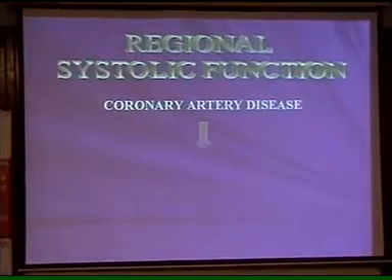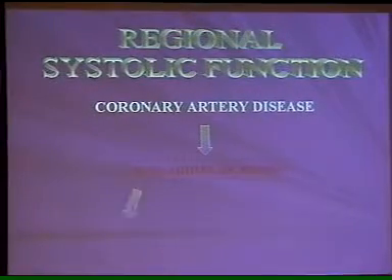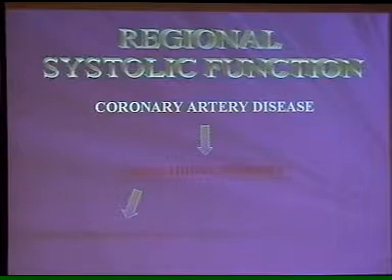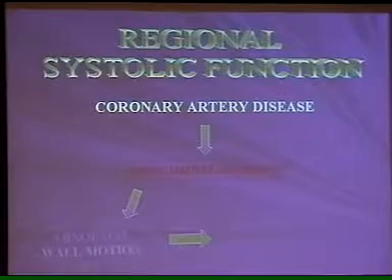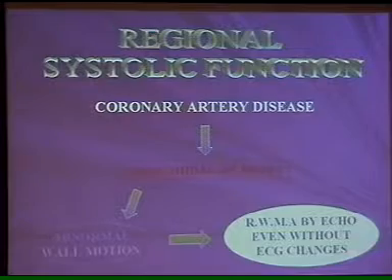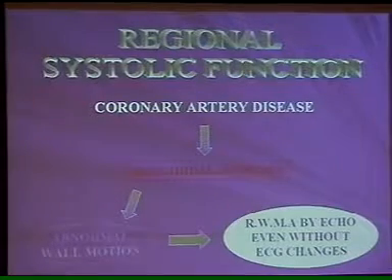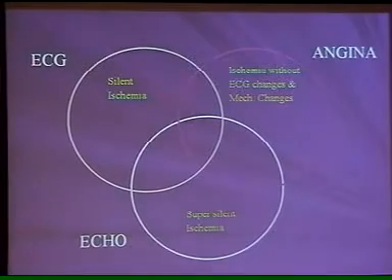Now regional systolic function is used for coronary artery disease, which leads to myocardial ischemia, which of course leads to wall motion abnormality, which we have seen in the ischemic cascade phenomena. That leads to regional wall motion abnormality by echo even without ECG changes. This is just a repetition of the previous slide.